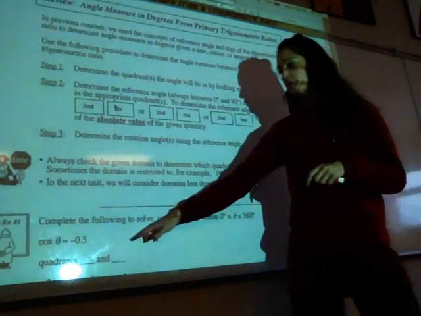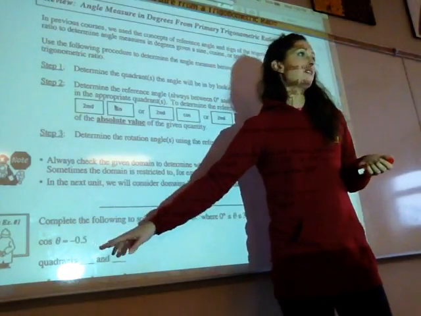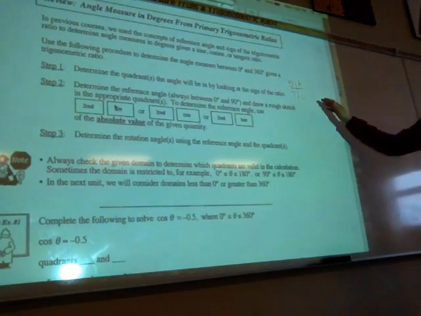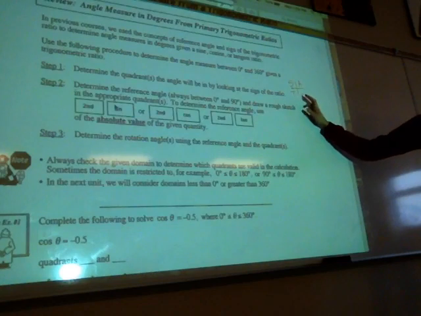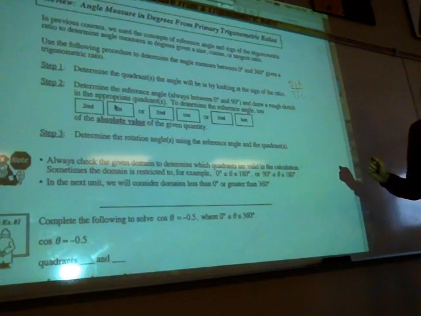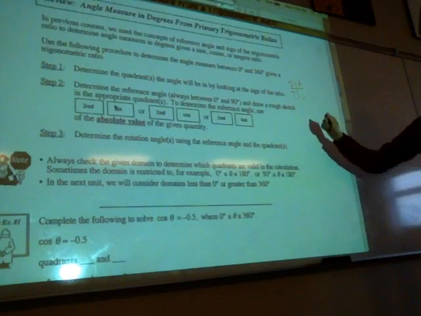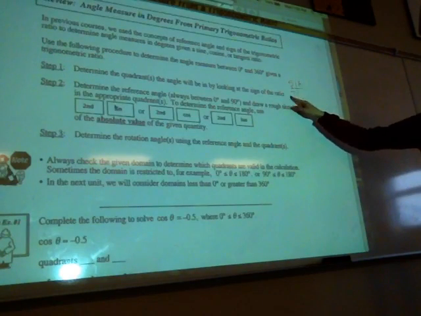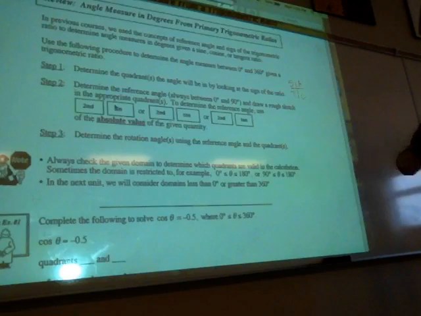Okay, for example, cosine theta is negative 0.5. So we would look at the quadrants. CAST. Do you guys remember what quadrants cosine would be negative in? 2 and 3.